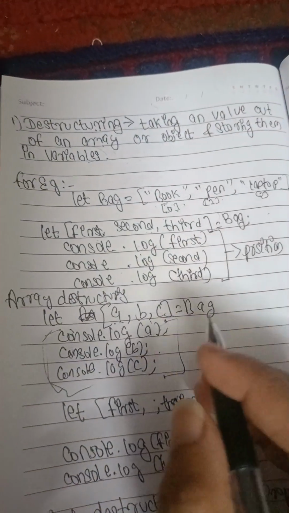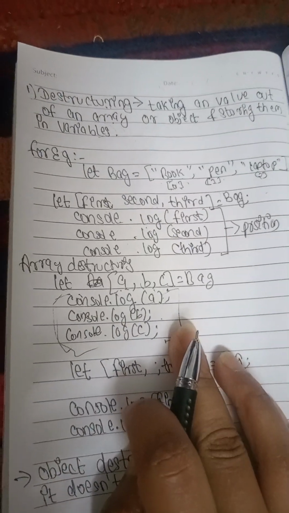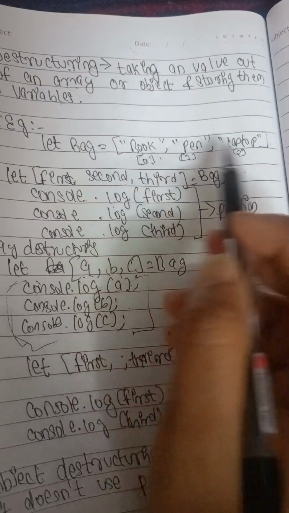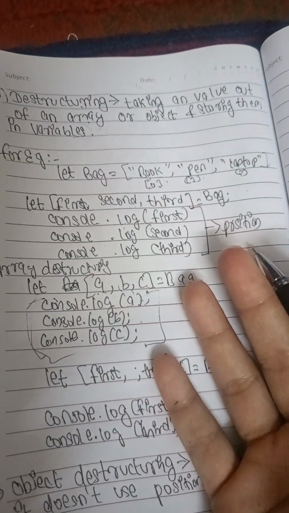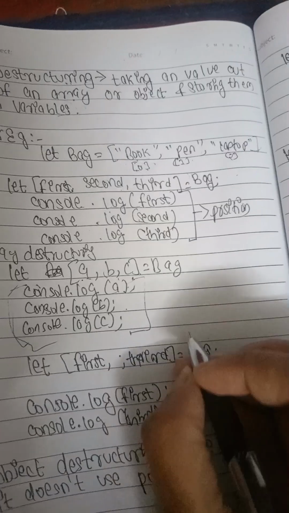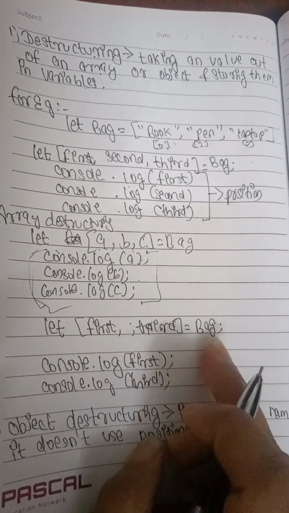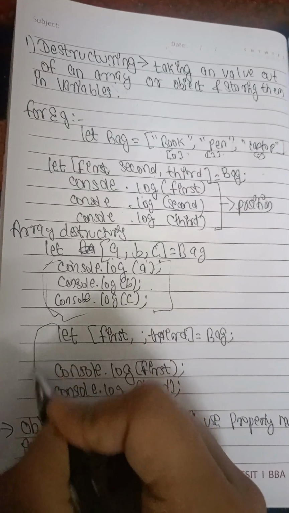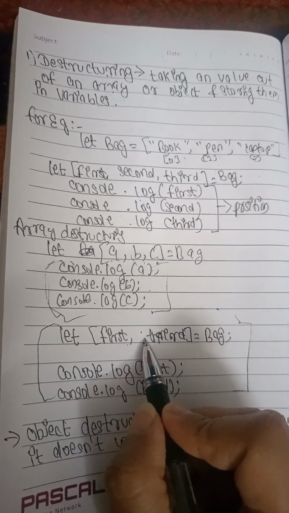If you want to skip a value, for example, I only want the book and laptop, and I don't want to print the pen, you can simply skip that value. How you can do it is, simply write first and third. This is the skipping part. You can skip it because we have not written a second one.